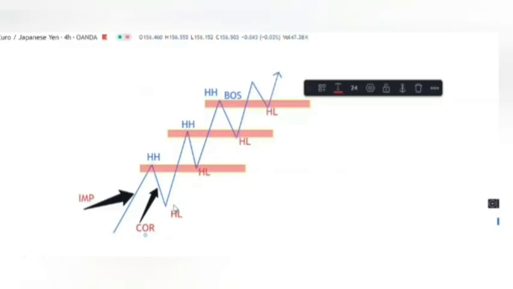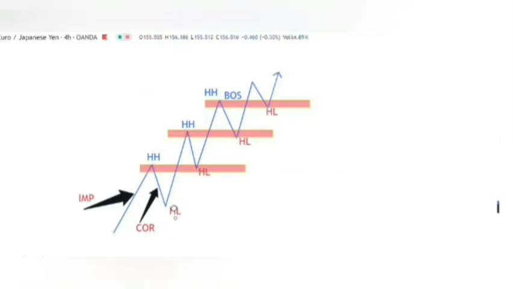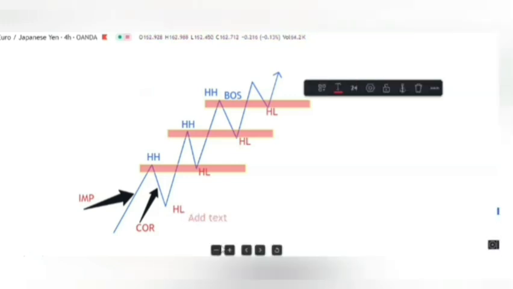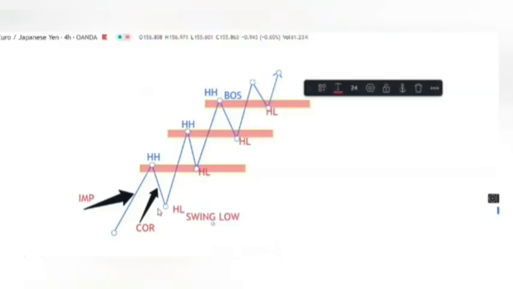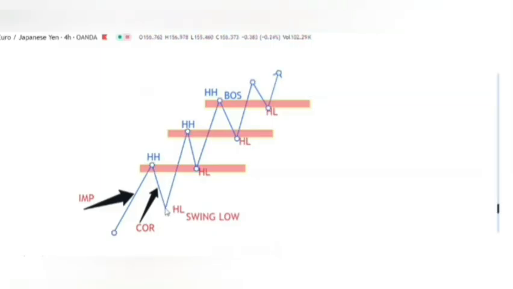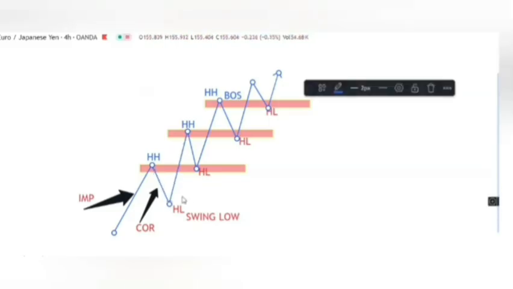So why is there a correction to form these higher lows, which are also called swing lows? Higher lows may also be called swing lows because the price is swinging to the lower side. But why is this swing low happening?